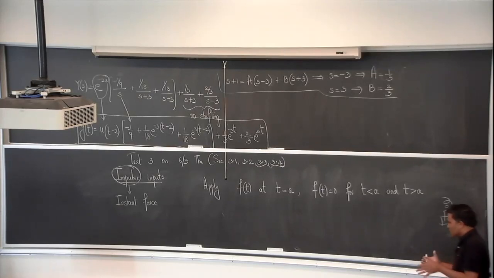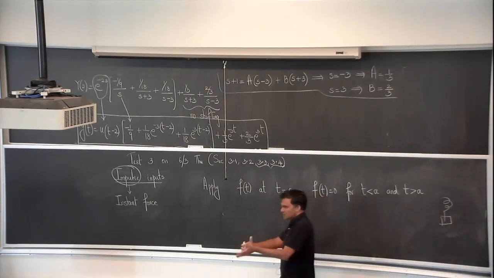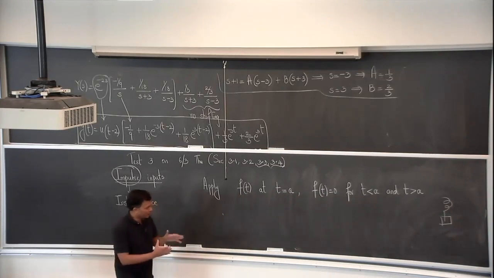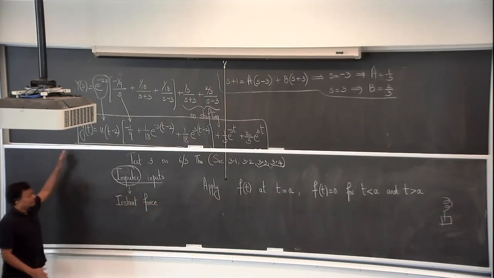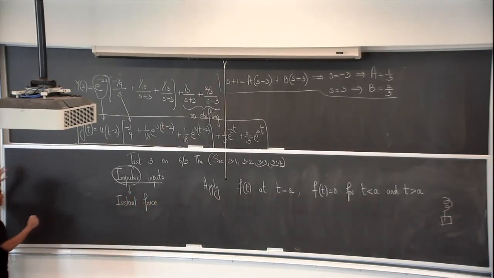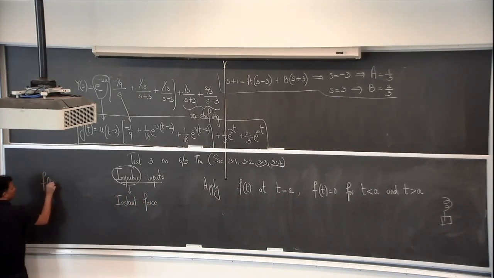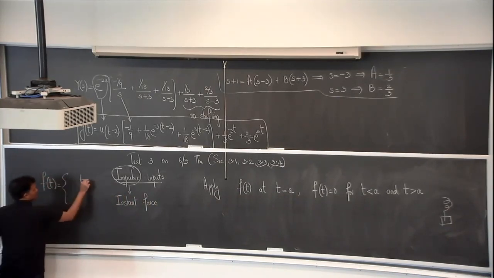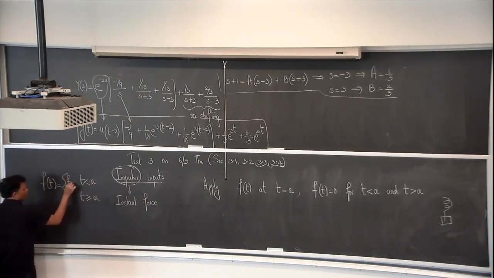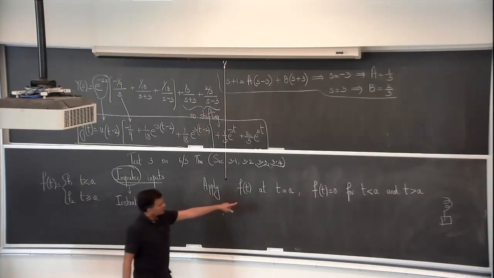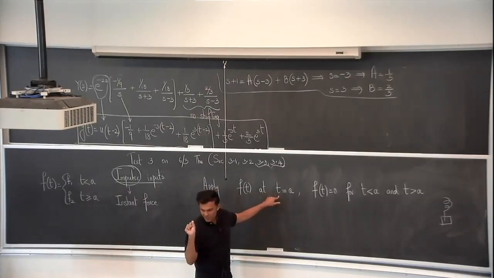Because whatever we have done so far has been a continuous kind of distribution, right? f of t equal to something. Even if we were doing the Heaviside function, it was for t less than a and t greater than or equal to a. This is f1, f2. That's not exactly what is going on here. This is only at a particular instant of time.